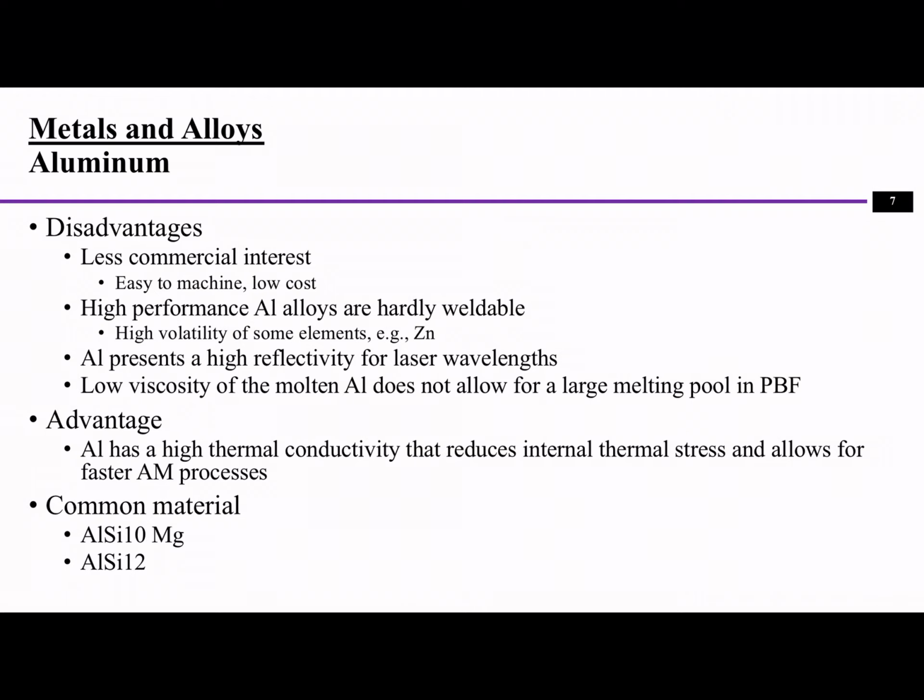So that's another reason that it's hard to make aluminum 3D printing parts. And one advantage of aluminum is that it has really high thermal conductivity and also reduces internal thermal stress, and it allows for faster additive manufacturing processes.